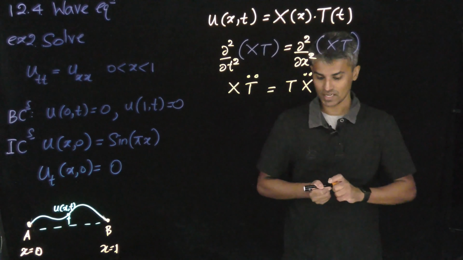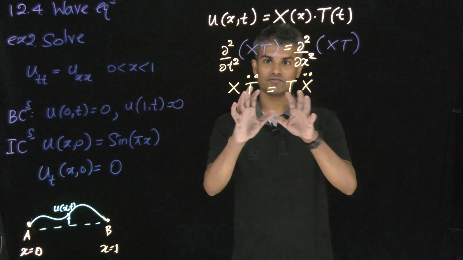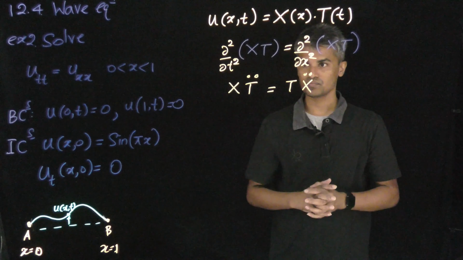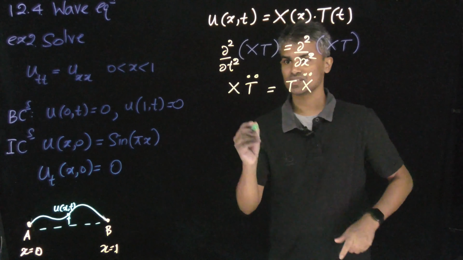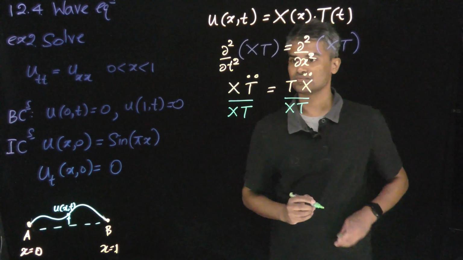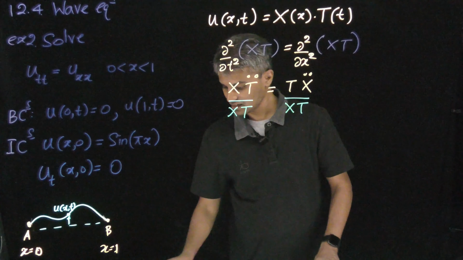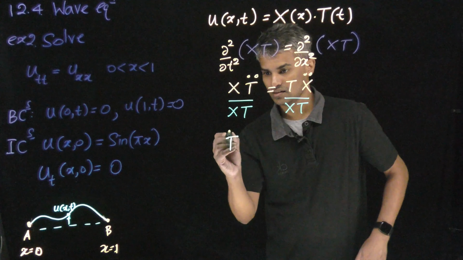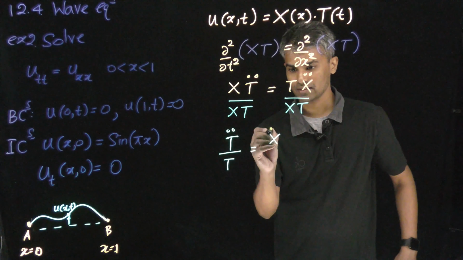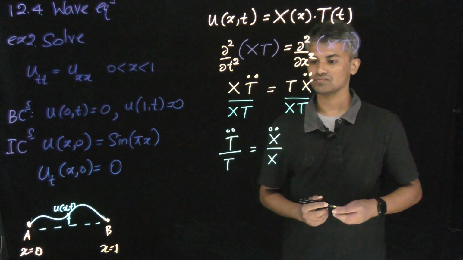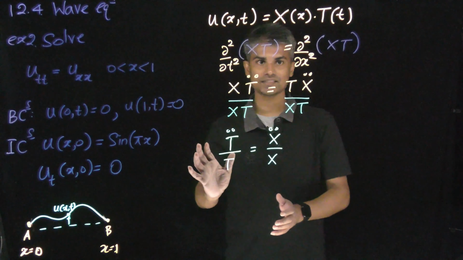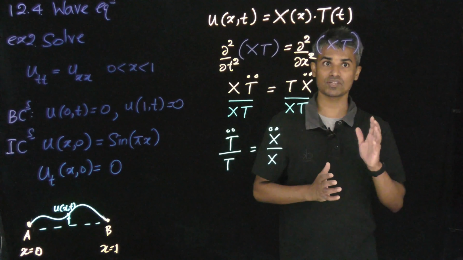The next step is to take all the functions that depend on t into one side and the functions that depend on the x variable into the other side. To do that, I will divide both sides by this product big X and big T. If you do that, you should get T double dot over T equals X double dot over X. Now as you can see, in the left hand side I have a function that depends only on the t variable.